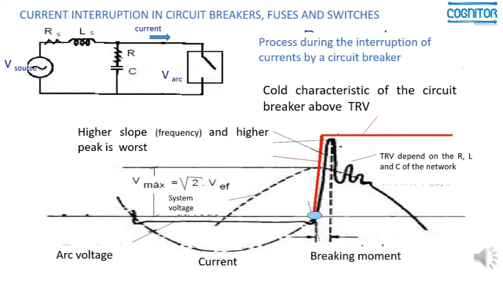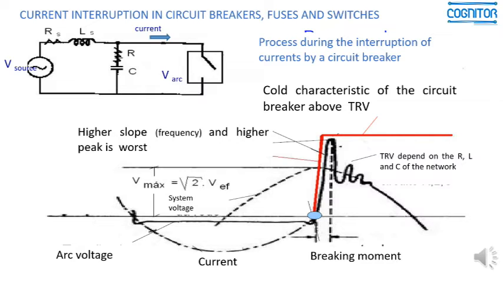Depending on those values, you have different values of the peak voltage of this black figure and different values of the frequency. The process works in the way that the red line represents the capability of the circuit breaker, while it's opening the circuit, to support the voltage between the two contacts.